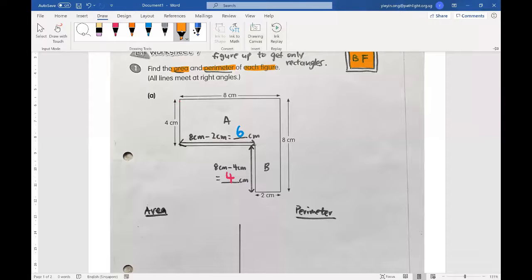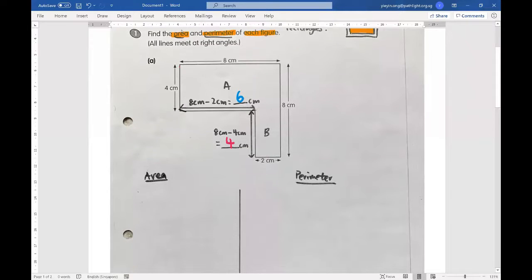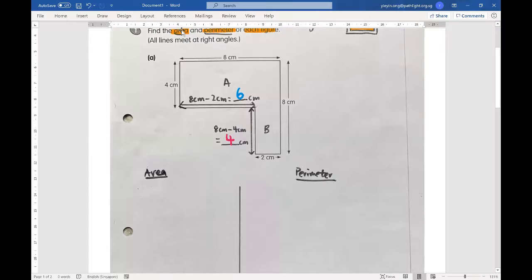Now let us try to find the area of this figure first. We can split. Remember the split and add method.